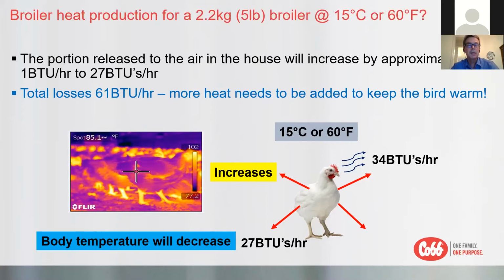So instead of 26 BTUs per hour, because of the differential between the body temperature and the surrounding air, the bird started to cool. So it lost a total of 61 BTUs. If you keep the bird in this environment for a long time, it will slowly reduce its body temperature. We're going to have to add more heat to the house to keep the bird in its thermoneutral zone.